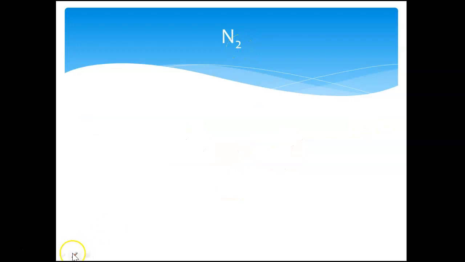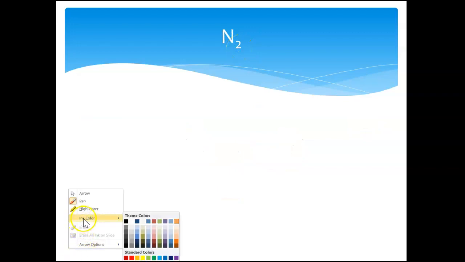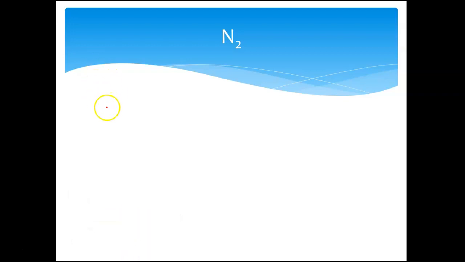Let's take another example. Here we have nitrogen, and I have 2 nitrogens. So again, let me draw the dot diagram for nitrogen. I look on the periodic table, and these 2 nitrogens have 5 valence electrons. All right, so we have for each nitrogen now not 1 bonding site, but 3 bonding sites.